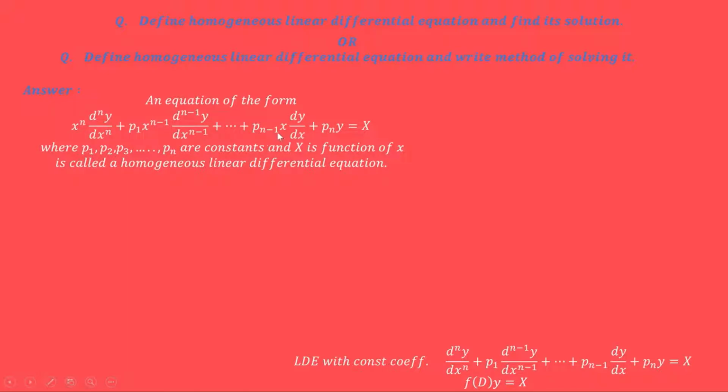Continuing in this way, in the last but one term, the power of x is 1 and the order of derivative is 1, and in the last term, the power of x is 0 and the order of derivative is also 0. So this is the main difference between homogeneous linear differential equation and linear differential equation with constant coefficients.